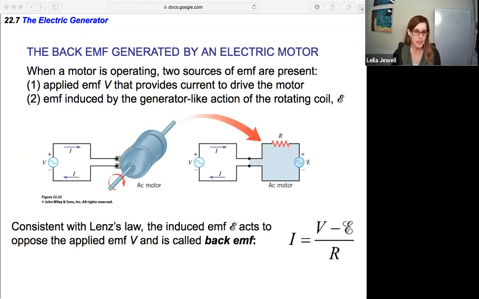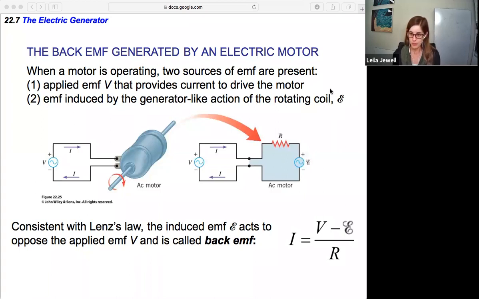So the back EMF generated by an electric motor. When a motor is operating, two sources of EMF are present. One is the applied EMF, which we just note with V, that provides current to drive the motor. This is the one that we're most familiar with, that we know. But the other one is an EMF induced by the generator-like action of the rotating coil.